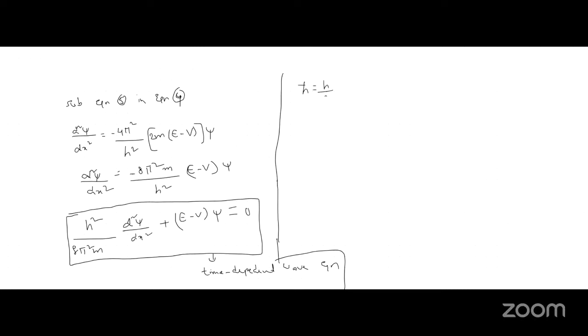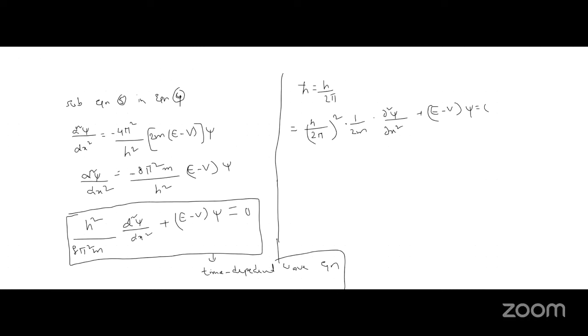So again I am rewriting this equation. The term h square by 8 pi square, I am writing as h by 2 pi whole square times 1 by 2m times dou square psi by dou x square plus E minus V of psi equal to 0.